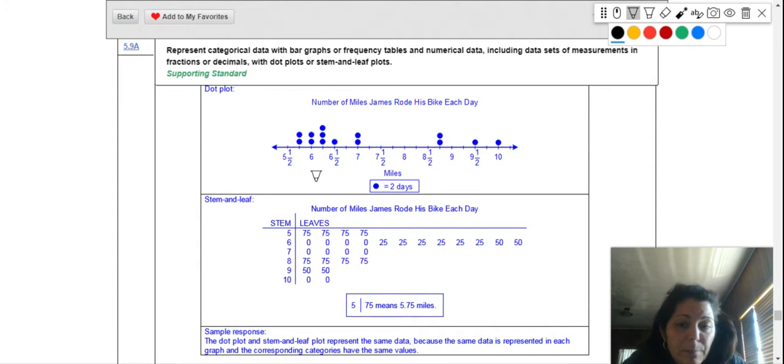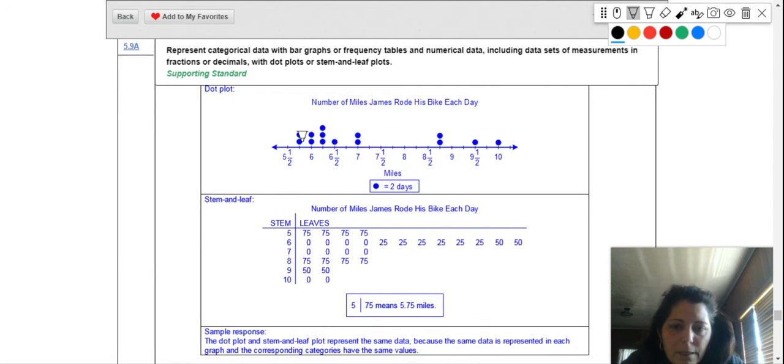Here it is in fraction form, and you notice it's a number line, and it is broken down by fourth of a mile because this is 5 1/2, and then this is going to be 5 3/4, 6, 6 1/4, 6 1/2, 6 3/4, 7. And here is the stem and leaf plot.